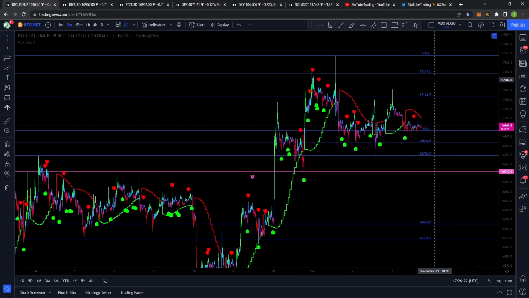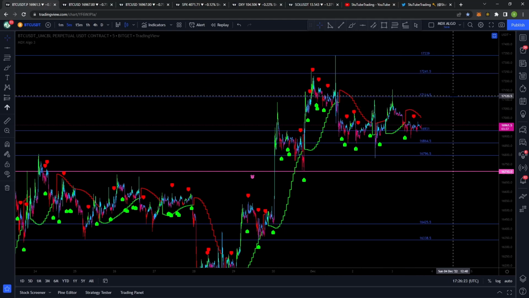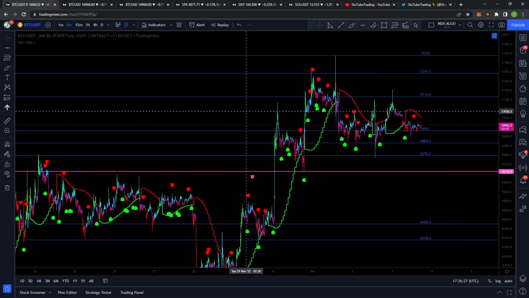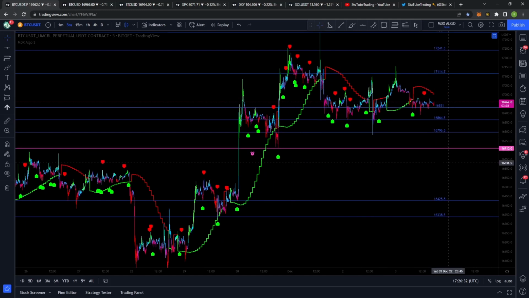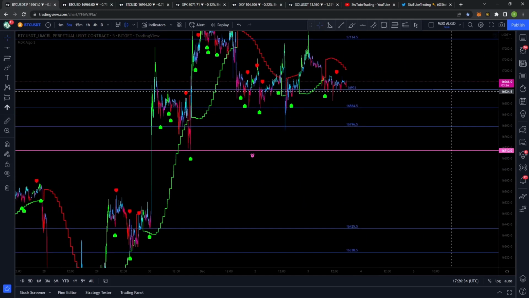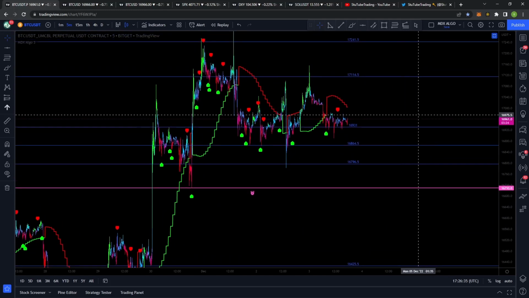If you break through that level, it might end up flipping, let's say, from resistance to support, or vice versa. But very cool feature, because I know a lot of people in this group are fairly new to trading and might not have a good grasp of mapping out horizontal levels, and this indicator can help with that a little bit. So very cool.